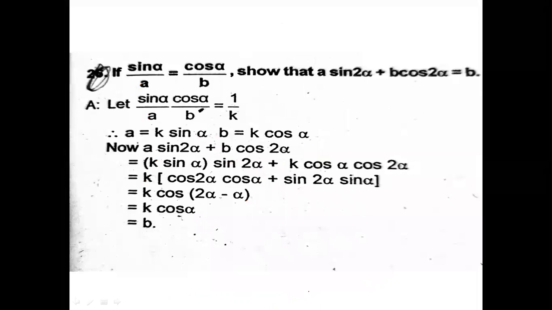Next problem: if sin alpha by a is equal to cos alpha by b, then show that a sin 2 alpha plus b cos 2 alpha is equal to b.